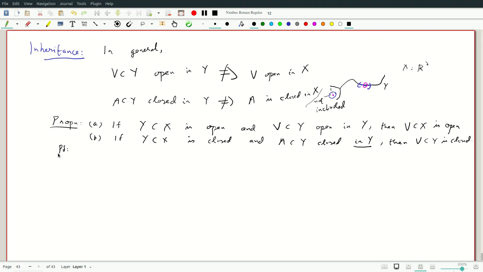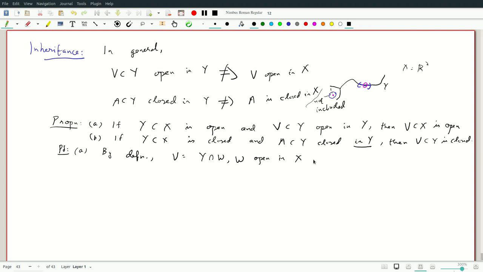For B, there is a more important property that I have not yet mentioned, which I will mention, which will give B like A. But first of all, to dispose of A, so V contained in Y is open in Y, which means, so by definition, V is going to be Y intersection W, and W open in X. This is the definition of the subspace topology, right? So a set is open if it's an intersection like this.